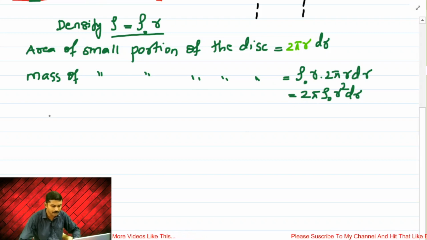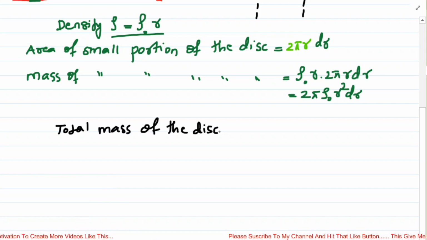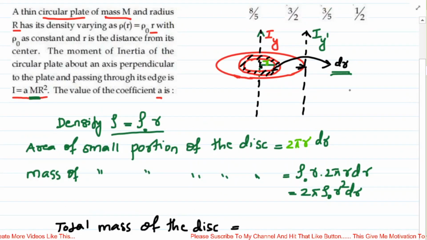Now if I want to find out the total mass of the disk, which is very important, what I can do is extend this particular mass from the center, that is this reference line Iy, to the end of the disk.